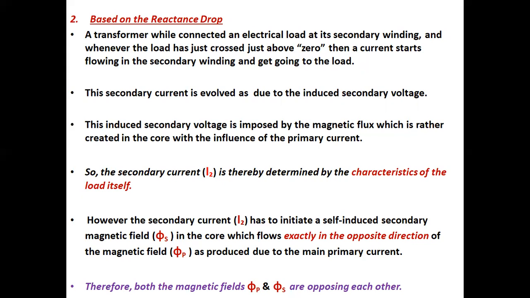However, the secondary current I2 has to initiate a self-induced secondary magnetic field phi s in the core, which flows exactly in the opposite direction of the magnetic field phi p produced by the main primary current. Therefore, both the magnetic fields phi p and phi s are opposing each other.